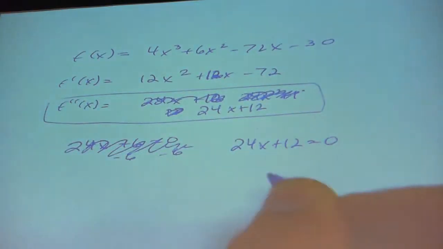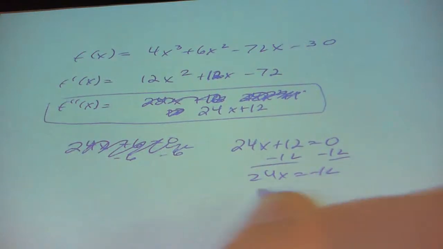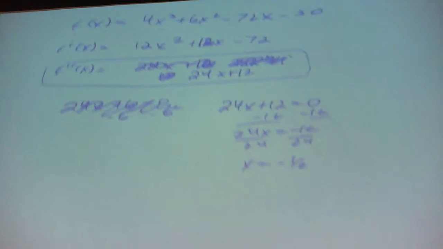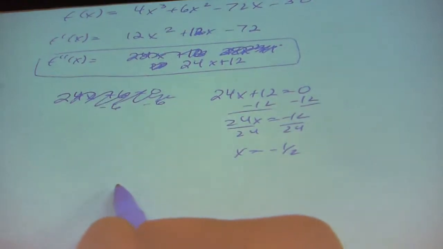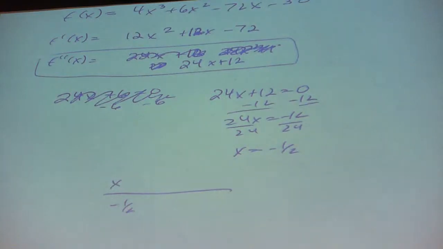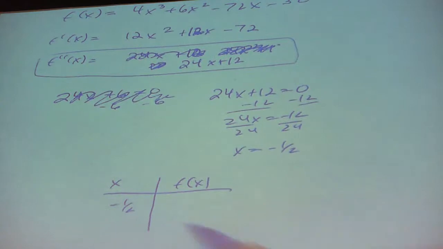So we take 24x plus 12, set equal to 0, subtract 12, 24x equals negative 12, divide by 24, x equals negative 1/2. Okay, we have a possible inflection point at negative 1/2. And remember, to find out where that is, we plug it into the original.